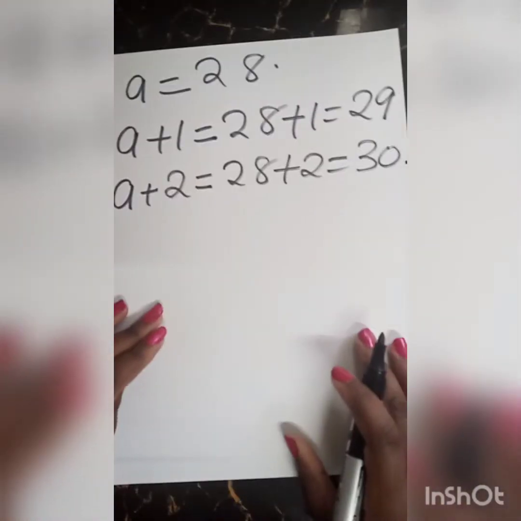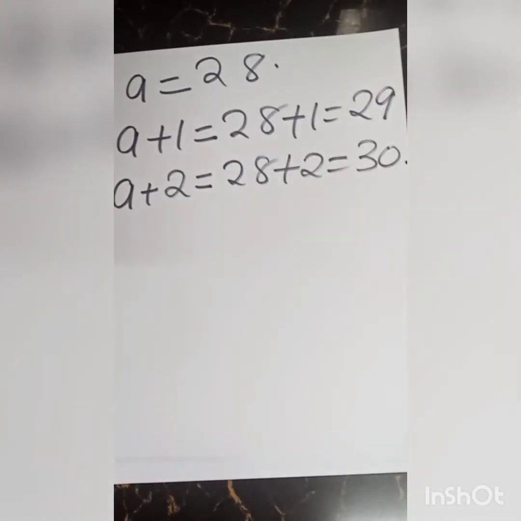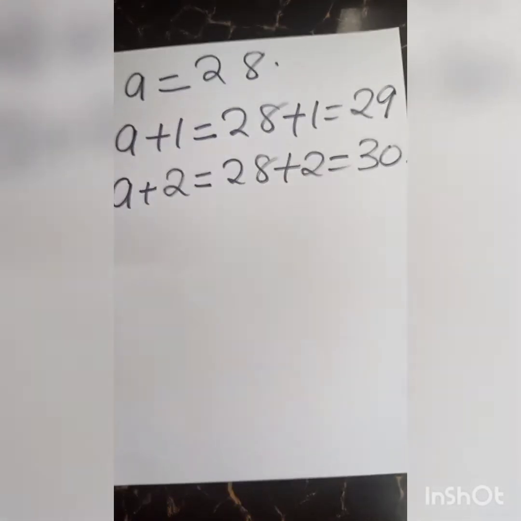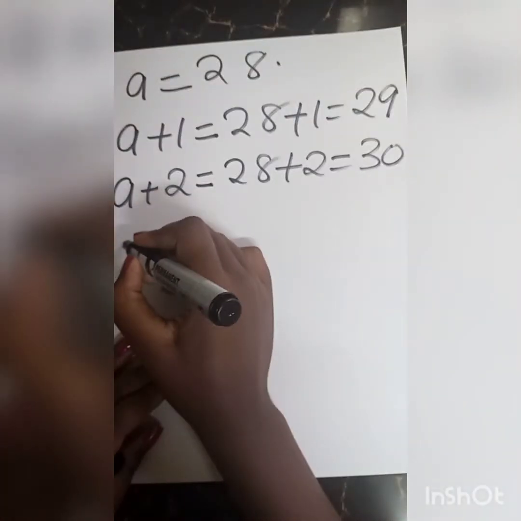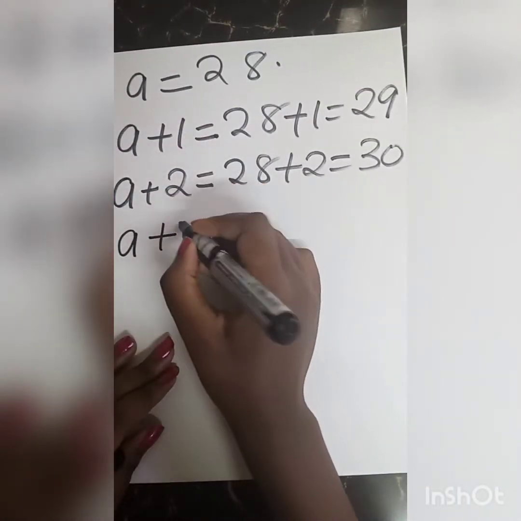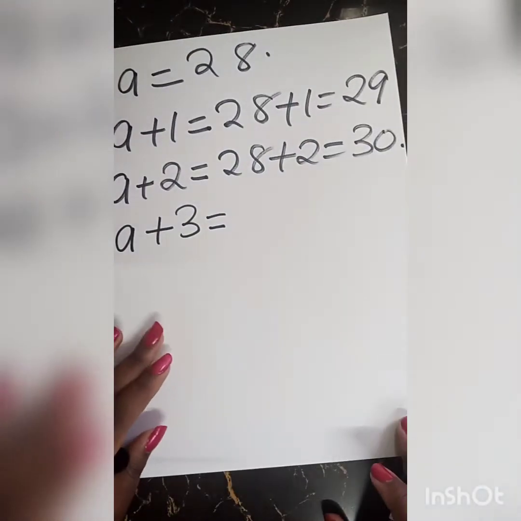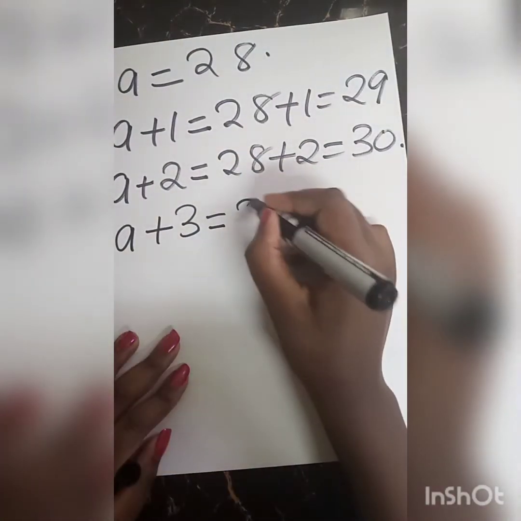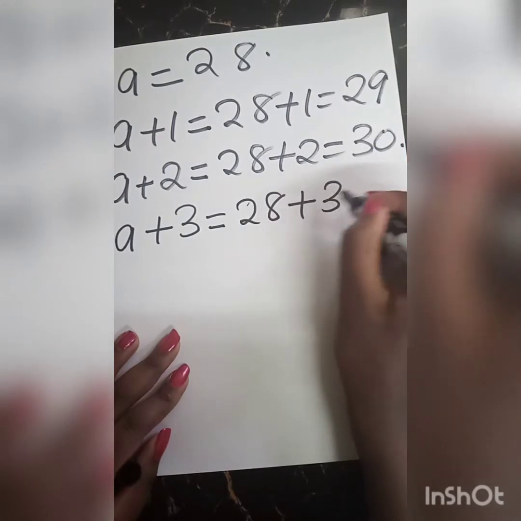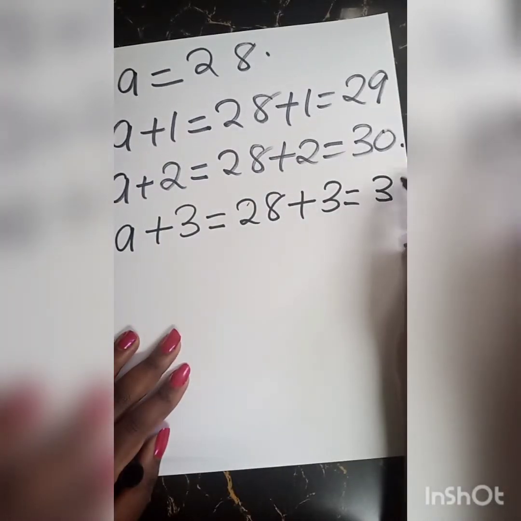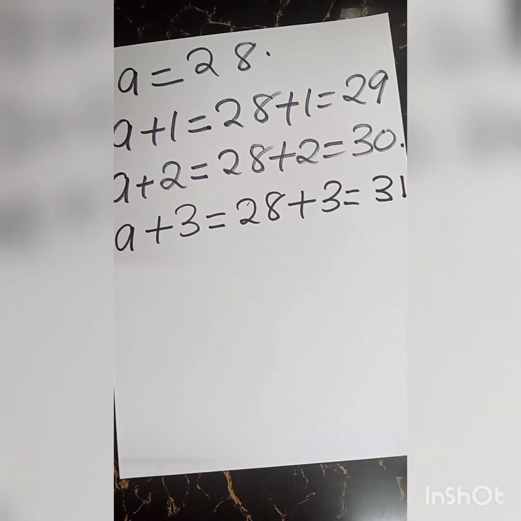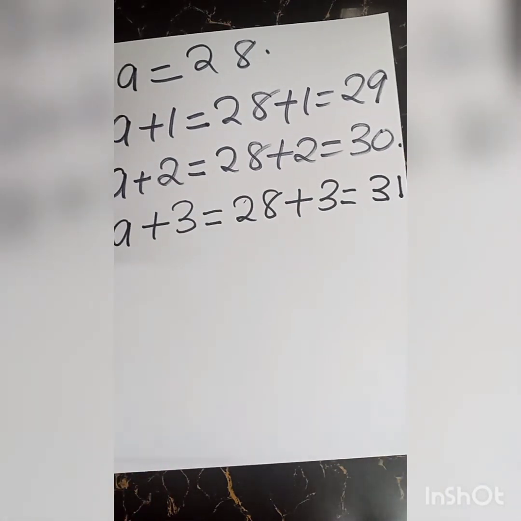Our fourth number will be A plus 3, which is the same thing as saying 28 plus 3, which is 31. So that means that our fourth number will be 31, okay?